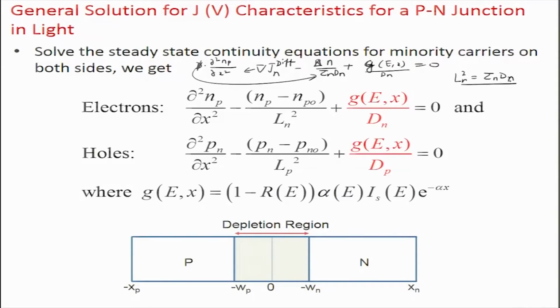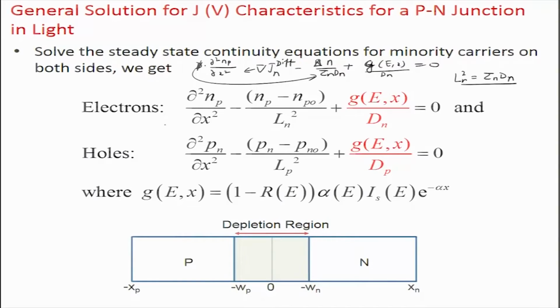Diffusion length is equal to square root of tau n Dn. So for electrons we have del 2 Np by del x2 minus (Np minus Np naught) divided by Ln square, plus g, the generation term as a function of energy and distance, divided by Dn, equal to 0. Similarly for holes you get this expression.